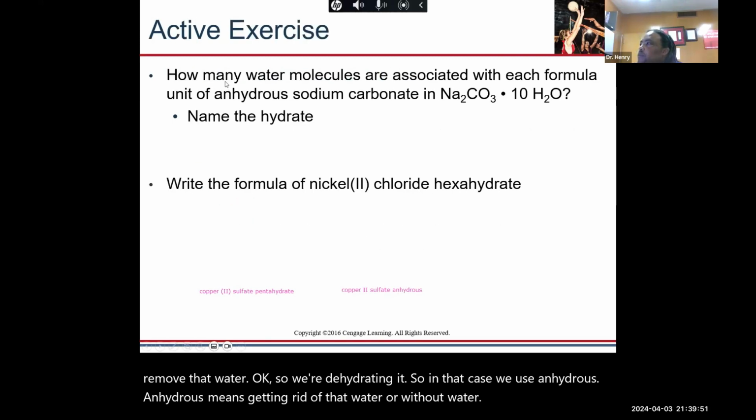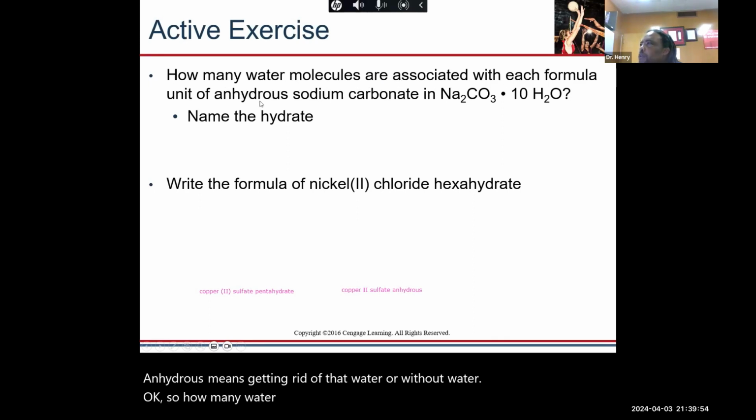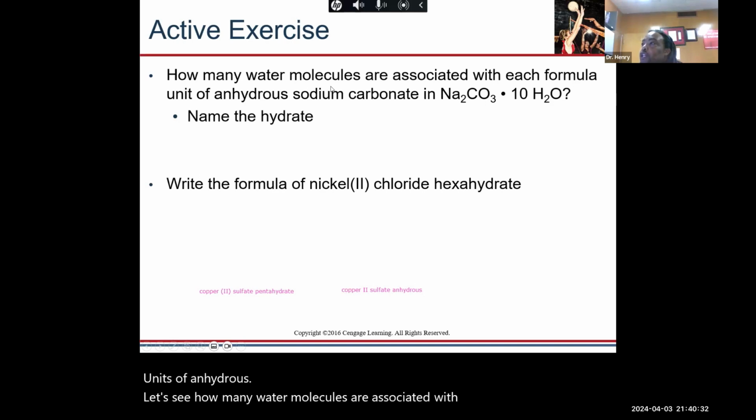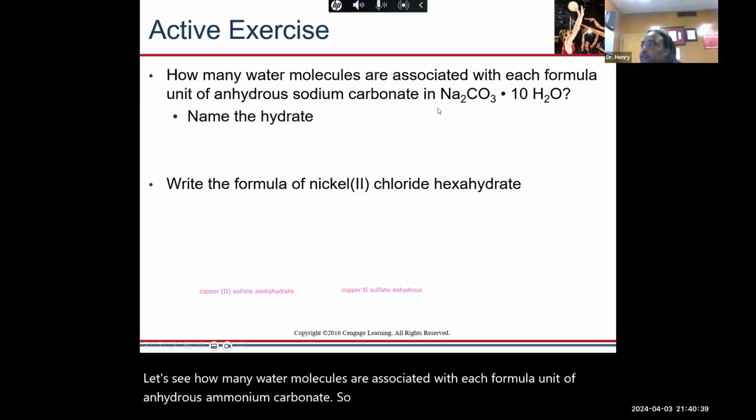Okay, so how many water molecules are associated with each formula unit of anhydrous sodium carbonate in Na2CO3·10H2O?